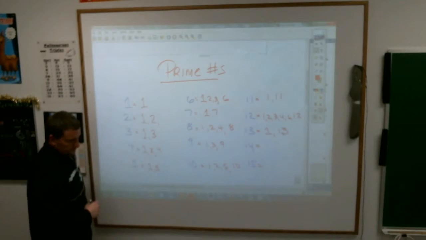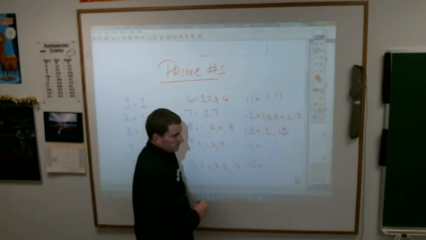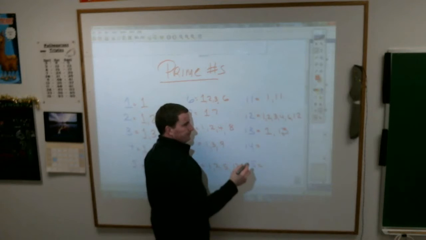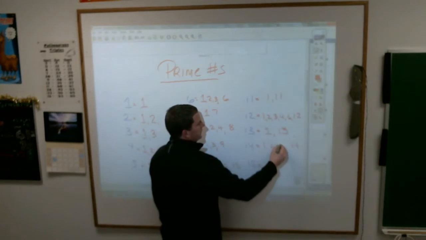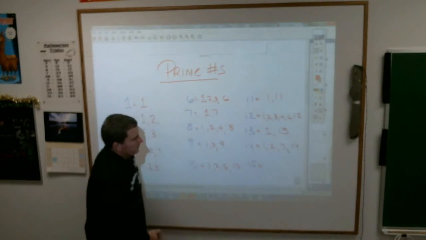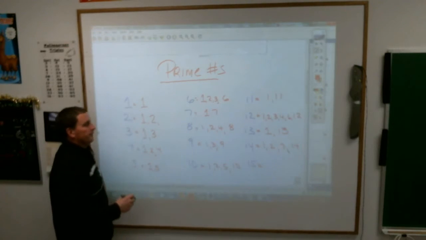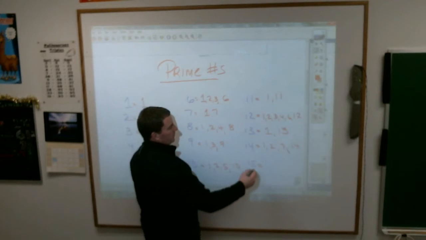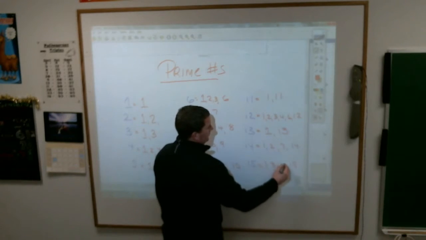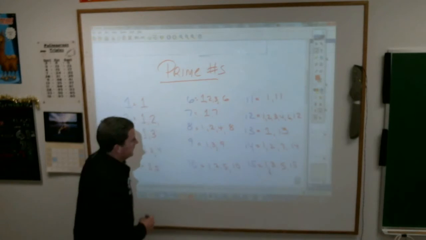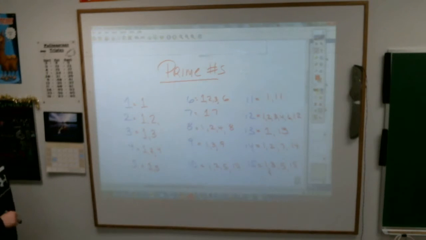Factors of 14? 1, 2, 7, 14. And factors of 15, we'll stop with that one. 1, 3, 5. That's it.